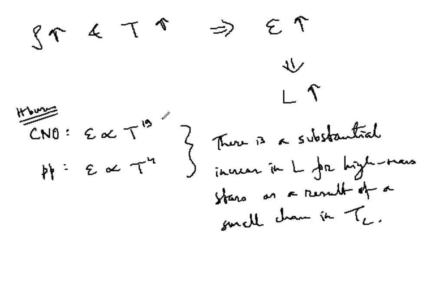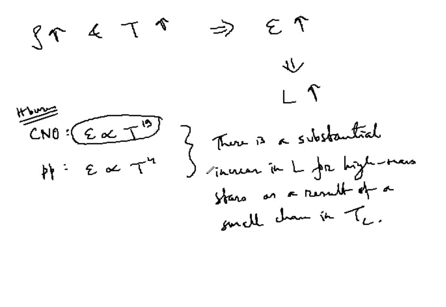Why? Because for the high mass stars it is the CNO cycle which is dominant, and look at the power 19. Just a small change will have a huge impact on the luminosity, since the nuclear burning rate will be changing by a large amount.